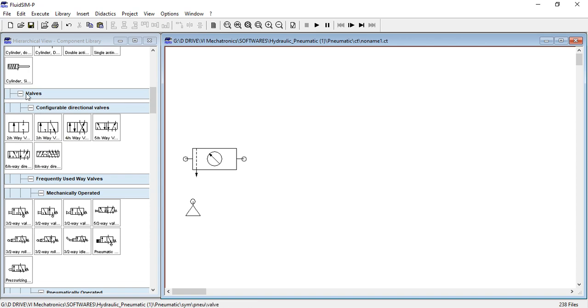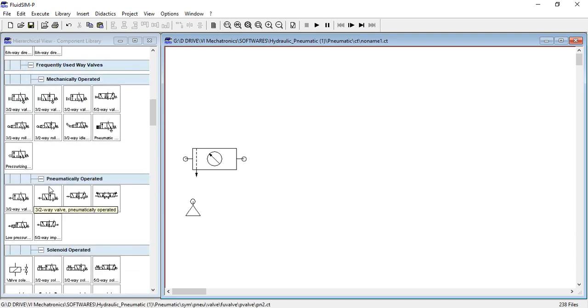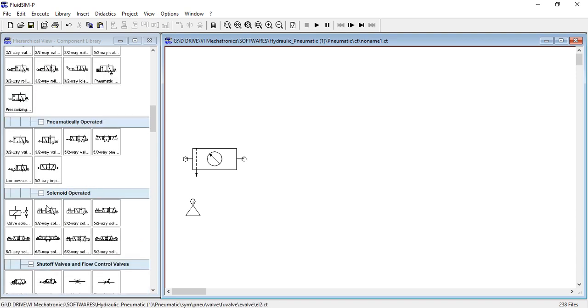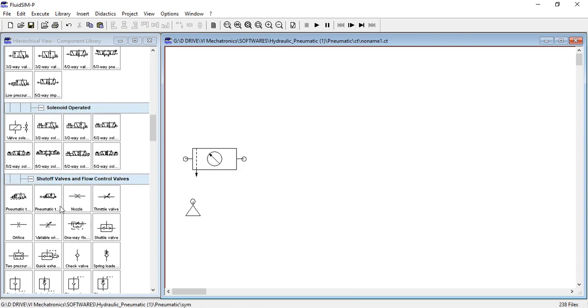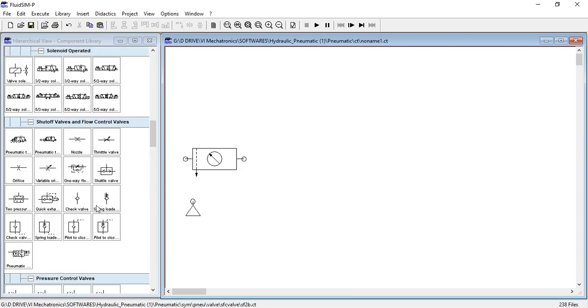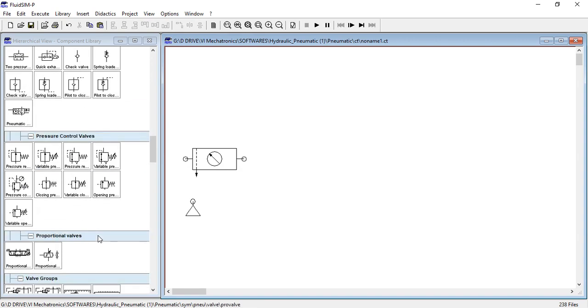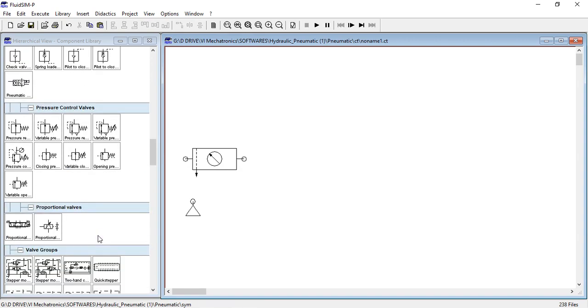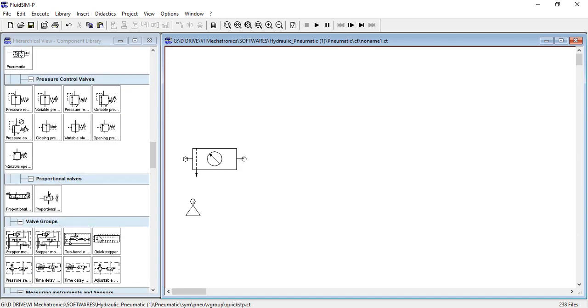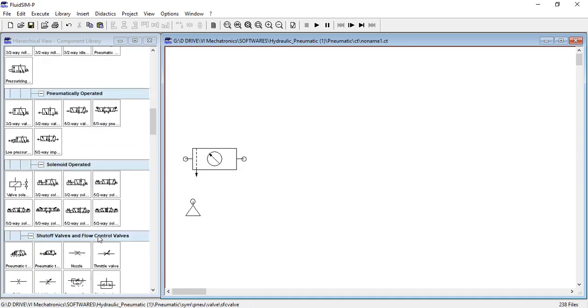See, in the valves category, you can see here configurable direction valves, mechanically operated, pneumatically operated, solenoid operated, shut-off valves and flow control valves. These are the types: pressure control, proportional valves. Okay, so these are nothing but the types.